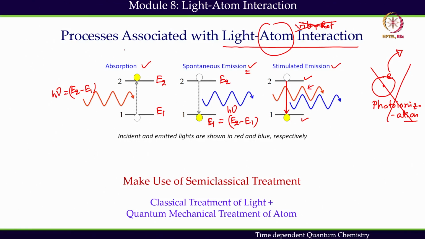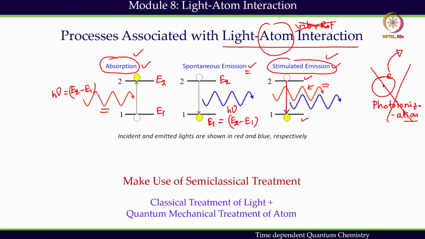Both for absorption and stimulated emission, the rate will be proportional to the intensity of the applied radiation field, because in both you can notice this red color beam is used, which is the field with which the system is interacting.